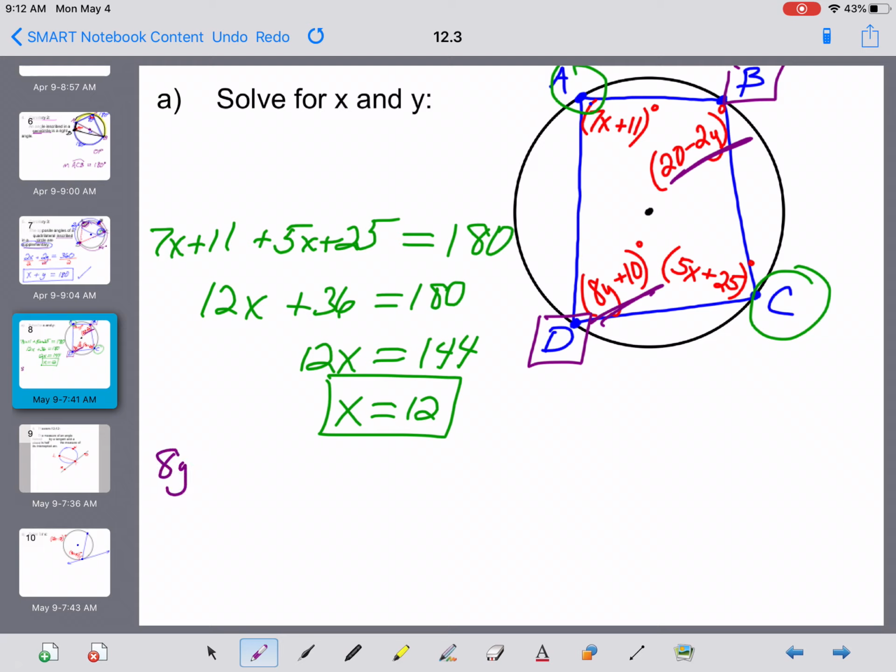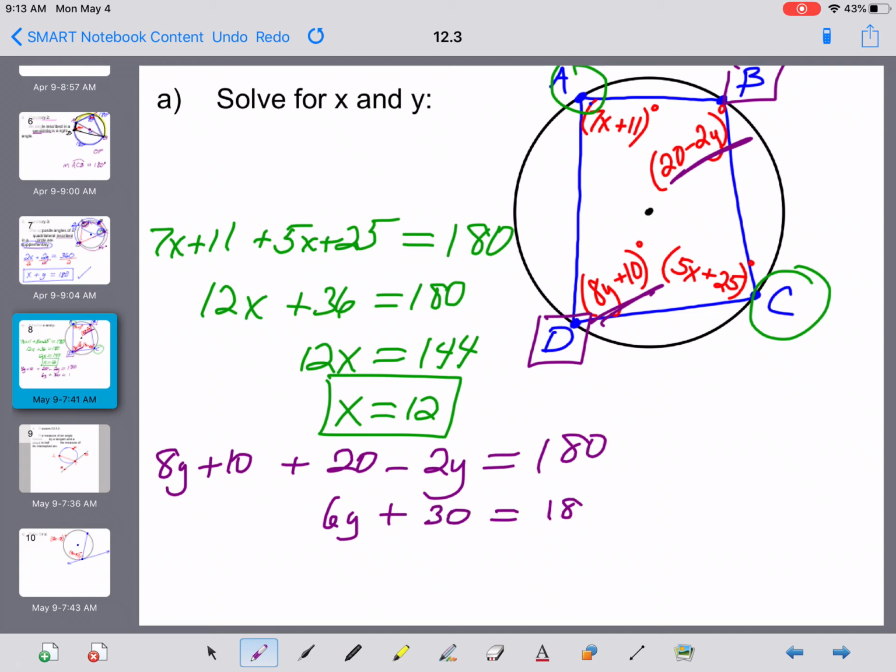So 8y plus 10 added to 20 minus 2y, that sum must be 180 as well. 8y minus 2y is going to get us 6y, plus 10 plus 20 is plus 30, and that's going to be 180. Subtract that 30 right there, we're going to get 6y is equal to 150, and then divided by 6, I believe we're going to get y is equal to 25. All right, guys, so there's the answer for both x and y in that example.